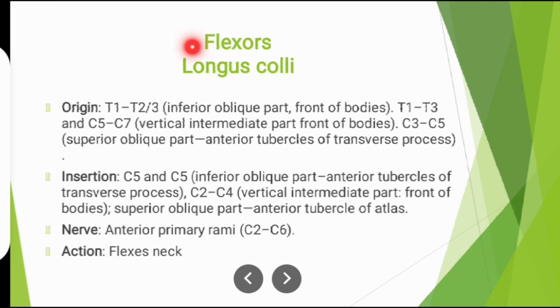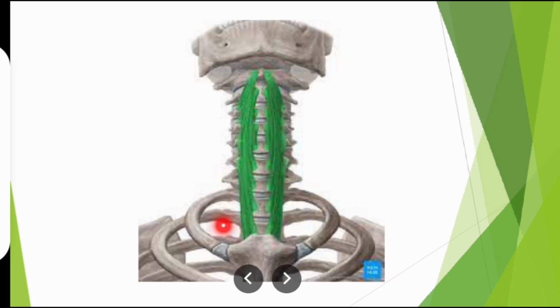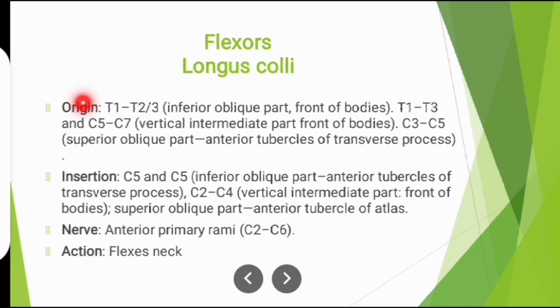Let's start this video. First of all, those muscles that are involved in head and neck flexion, the first muscle is longus colli muscle. This is the longus colli muscle.